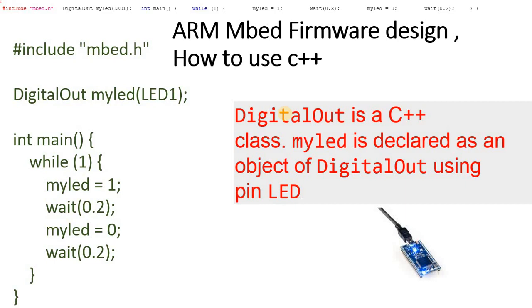That means every 0.2 seconds the LED is going to come on and off using the concept of class and object. You can see in the picture a small board in which one of the four lowermost LEDs comes on and is blinking after you execute this. Without knowing C++, you couldn't have done this.